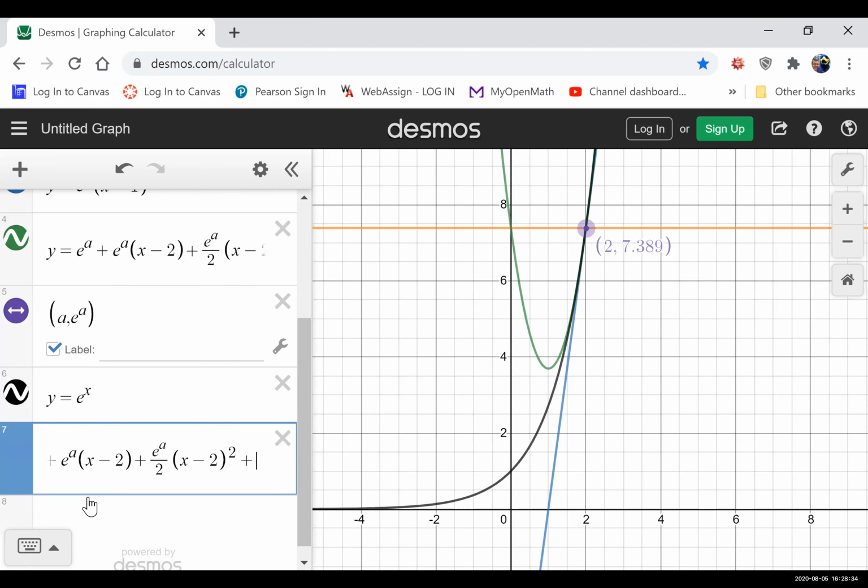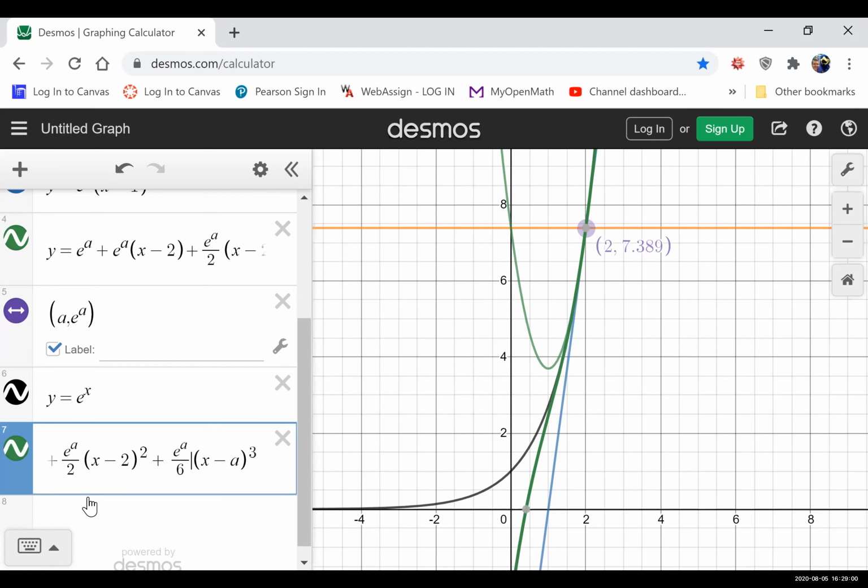Okay, e to the a, e to the a over 6. And then we want to do x minus, these are all going to be x minus a's. Okay, so I still have a little bit of work to do here. Okay, raised to the 3rd power.